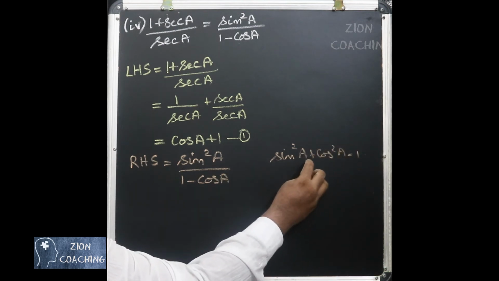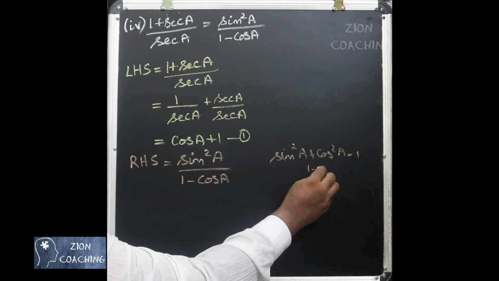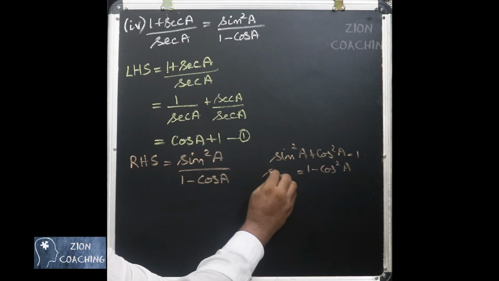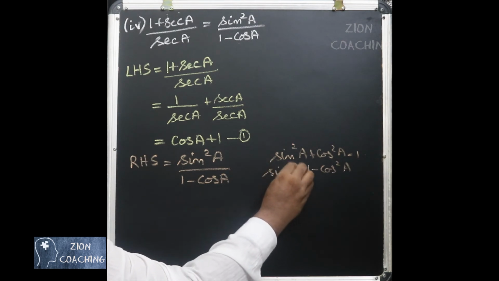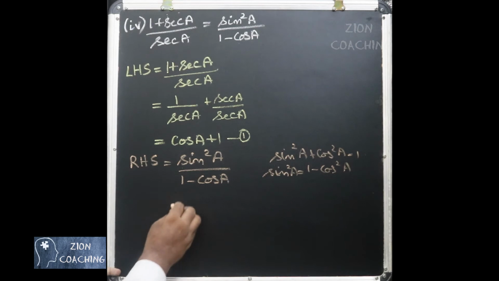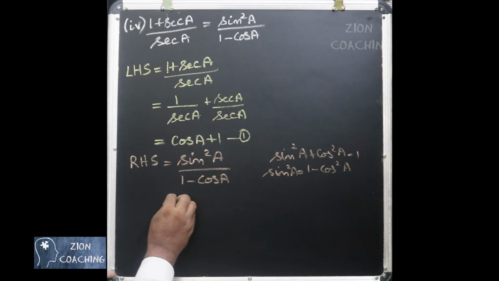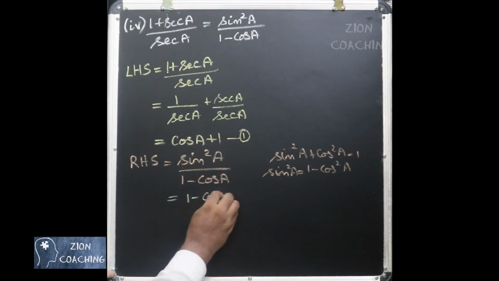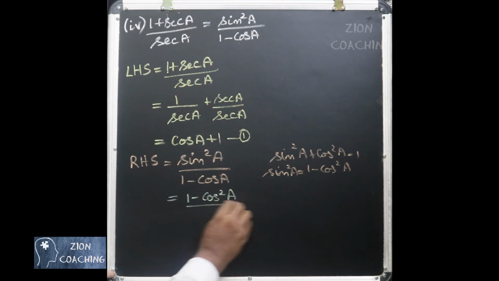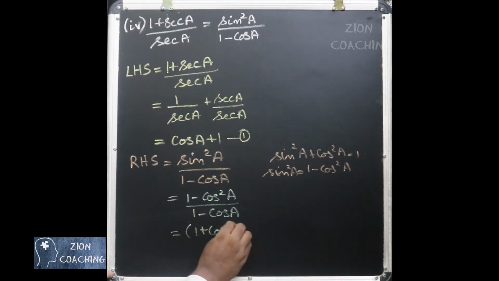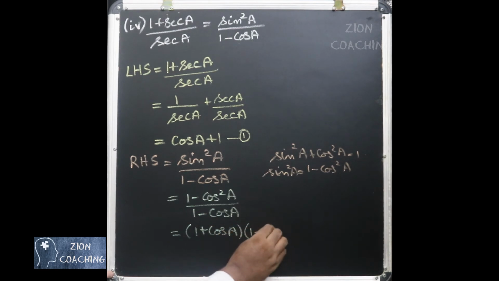So sin squared A is nothing but 1 minus cos squared A. Taking this cos squared A to that side, we will have sin squared A equal to 1 minus cos squared A. We are going to substitute it there. When you substitute, you are going to have, instead of sin squared A, 1 minus cos squared A by 1 minus cos A. Now this is of the form a squared minus b squared, which is a plus b into a minus b.